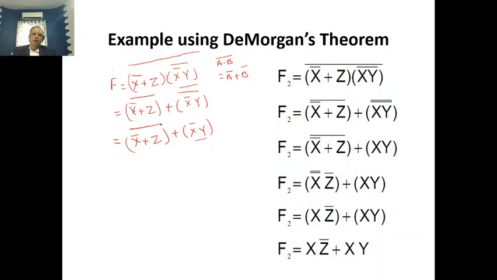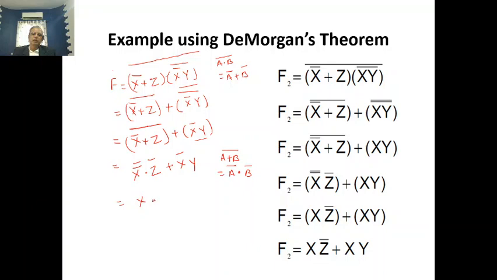Now as this is complete bar on this, again we can split this OR to AND, as we know that A plus B whole bar is equal to A bar dot B bar: x bar whole bar dot Z bar, plus x bar y.